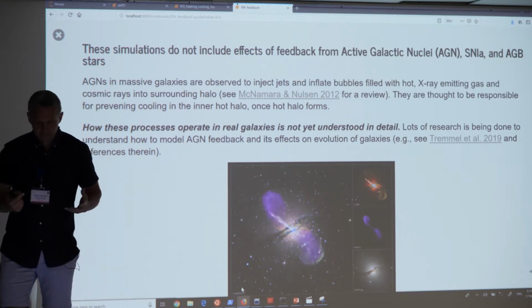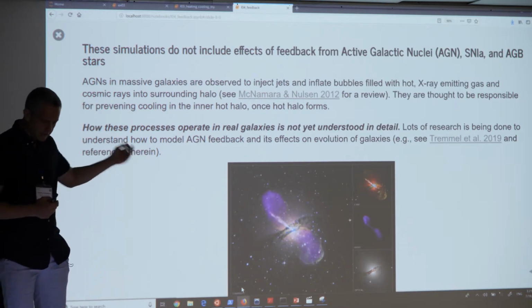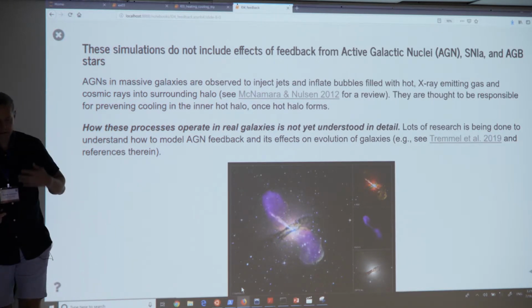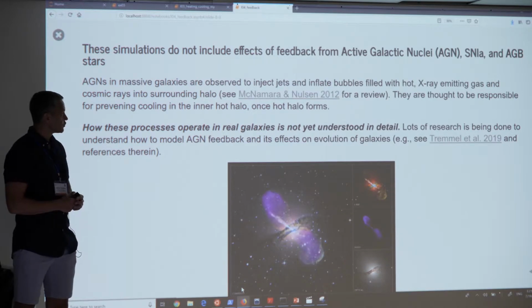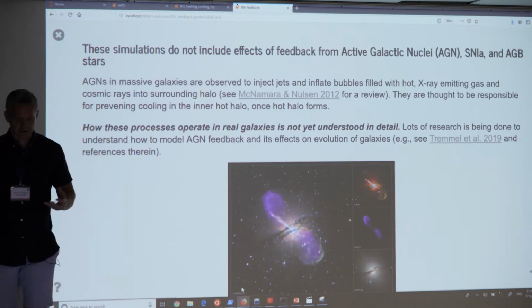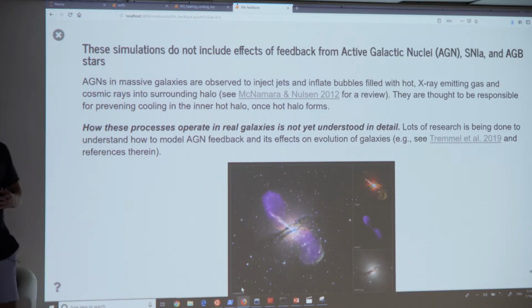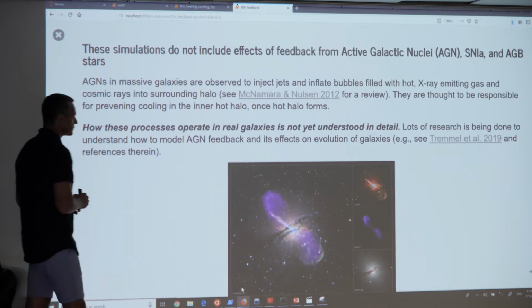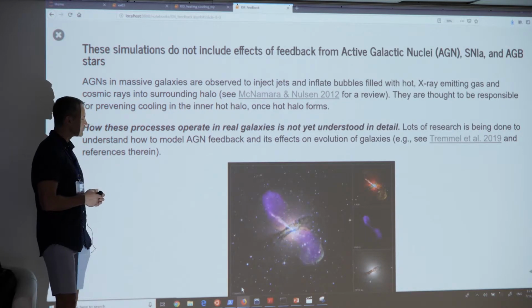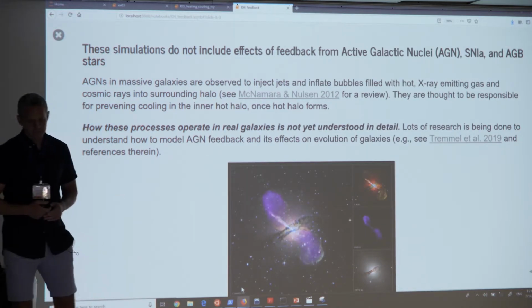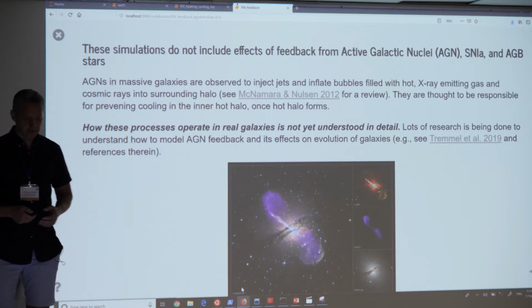The first kind of feedback that I'll be talking about is particularly relevant for massive halos. It's the effect of feedback from active galactic nuclei, AGNs for short, which is associated with gas accretion onto a supermassive black hole that is usually found observationally in the centers of galaxies, especially when we see quasar activity in the galaxy. There are many examples of such black holes now.